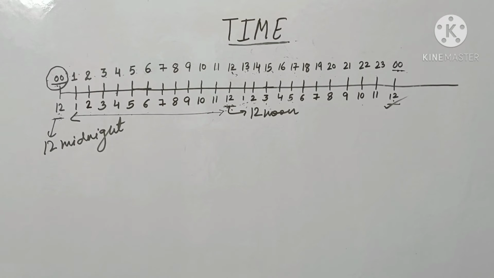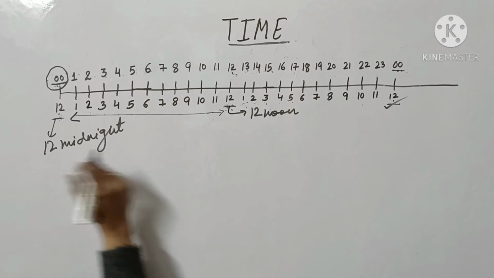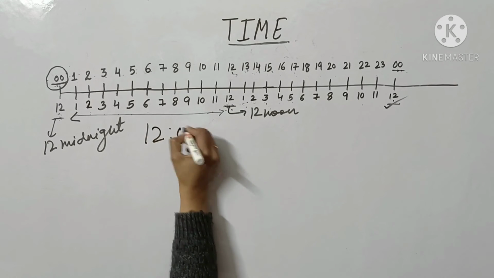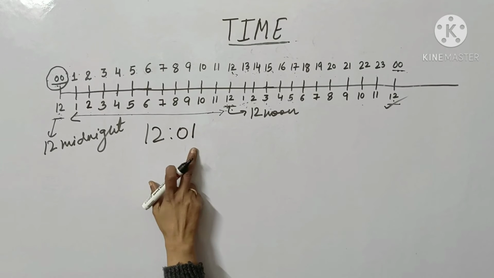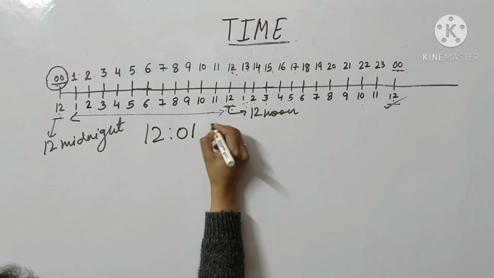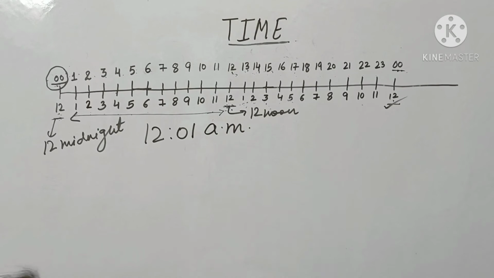But if a single minute has passed after 12 midnight, what will we be saying? We will be saying it as AM. Suppose the time is 12:01. After 12 midnight, 1 minute has passed. Now the time will be written in AM.